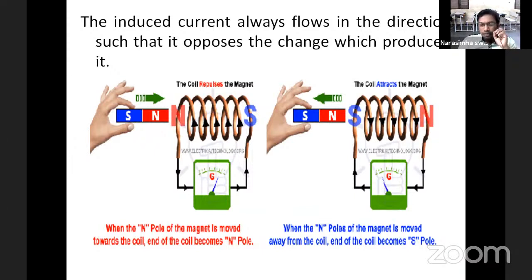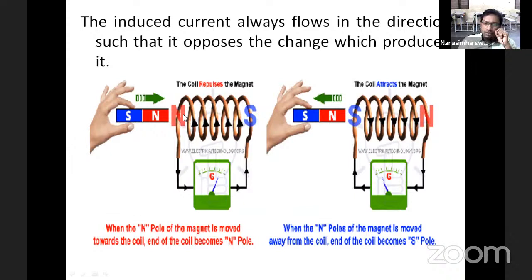See, the point is, because of the change of magnetic flux, EMF is generated in the coil. The reason for producing EMF is the changing magnetic field. Then due to this EMF in the coil, a magnetic field is produced. What are the directions of this magnetic field?